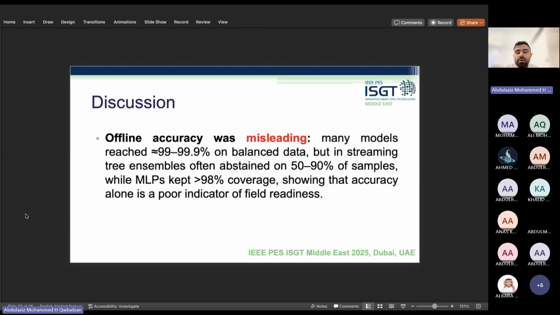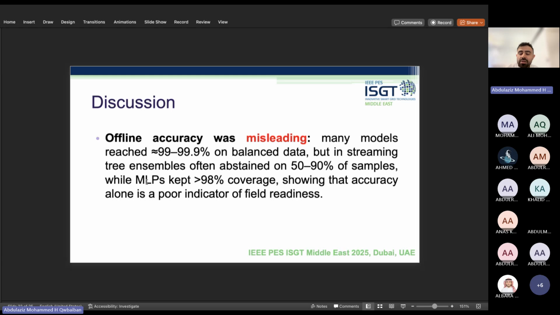So offline accuracy was misleading. The offline is always a trick. Have you ever heard, we trained our model and it's 99%? Yes. But in streaming, three ensembles abstained 50% or more of the time, while MLP kept 100%, or 99 or 98% of the coverage.